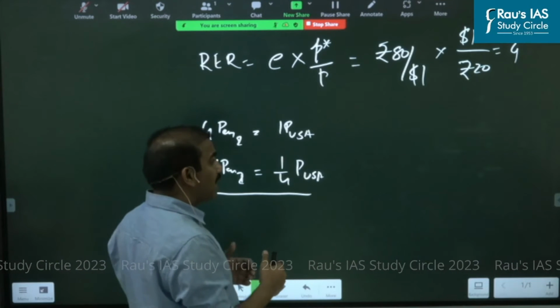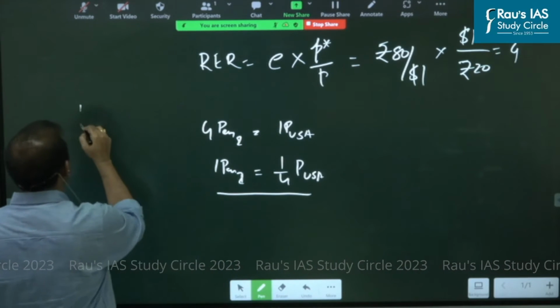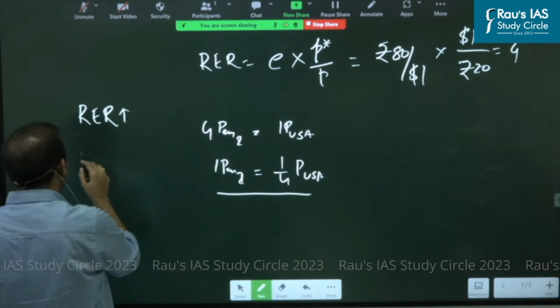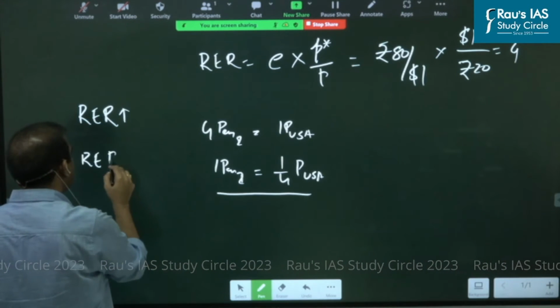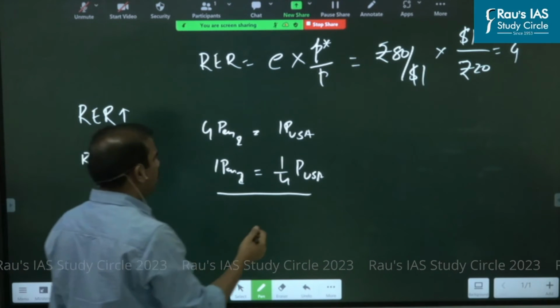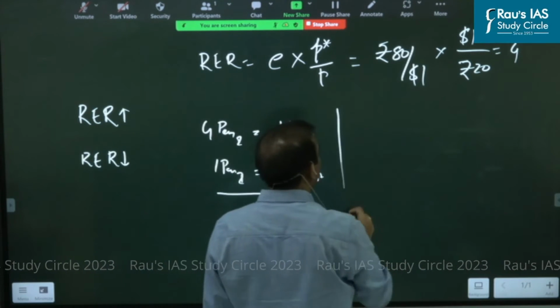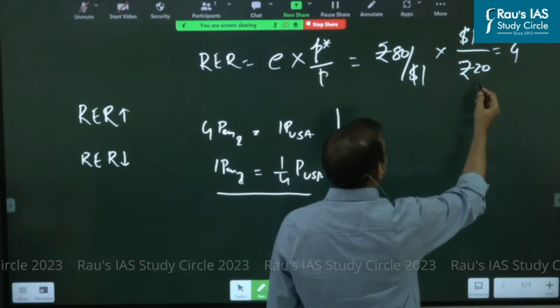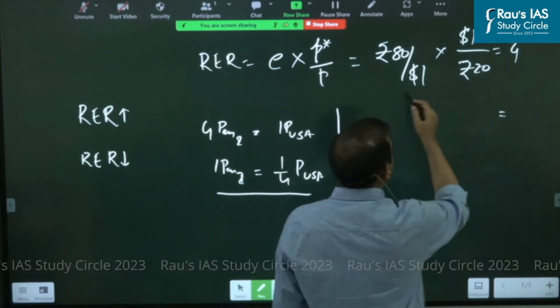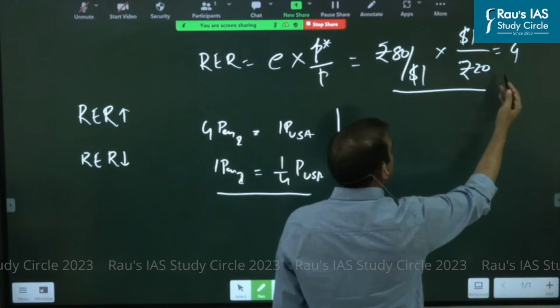Now, what do you mean by real exchange rate increasing, and what would be the impact? Or what do you mean by real exchange rate decreasing, and what is the impact? Imagine if my price of the pen, rather than 20, is going to be 40. In such a case, what would be the value?